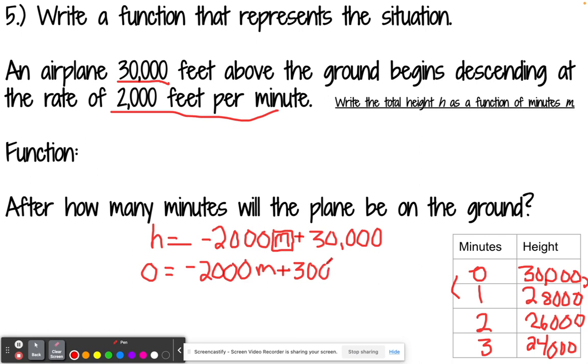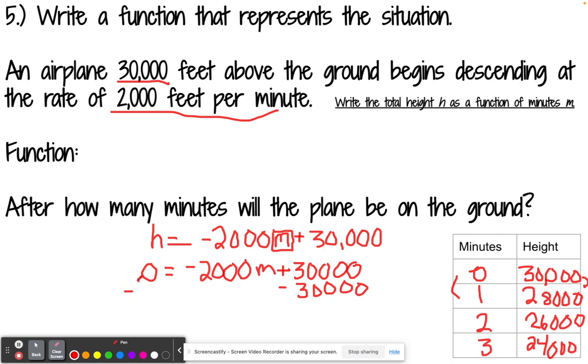This is just a regular two-step equation. We've solved a million of these. Maybe not a million. Slight exaggeration. So I'm going to subtract 30,000 from both sides, because my goal is to get that m by itself. Find out how many minutes. It's a lot of zeros to write.